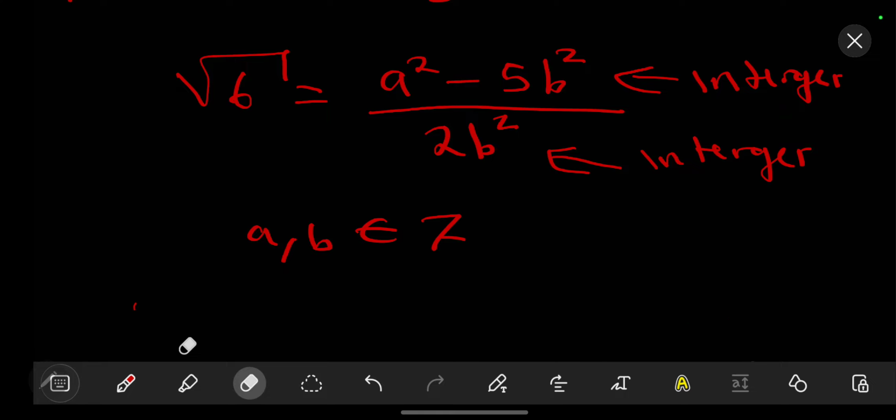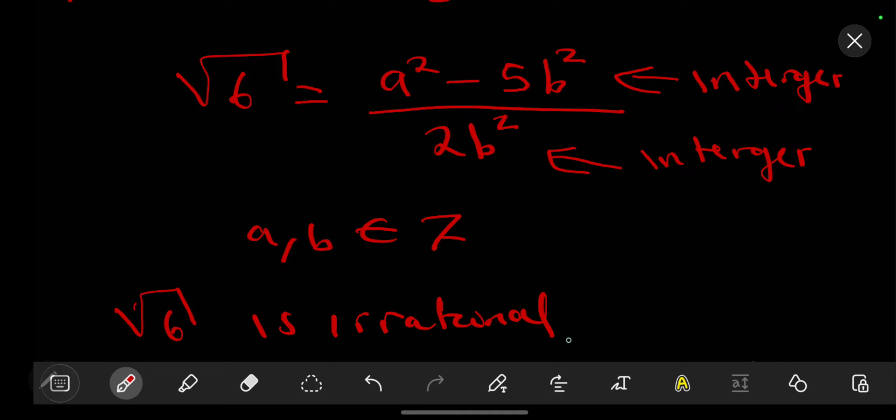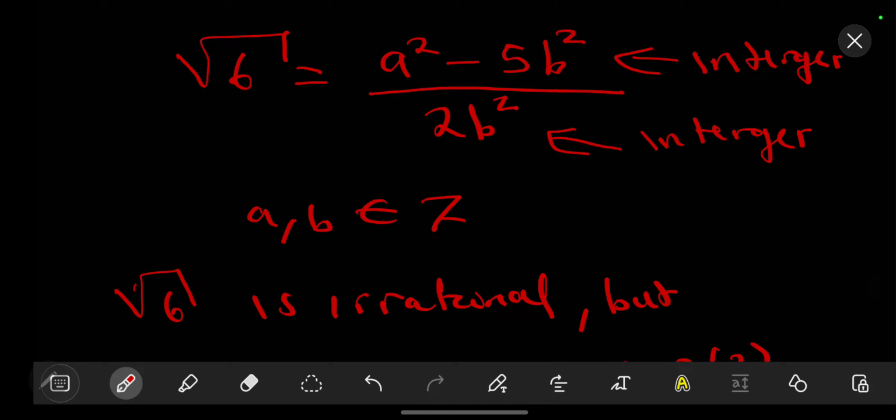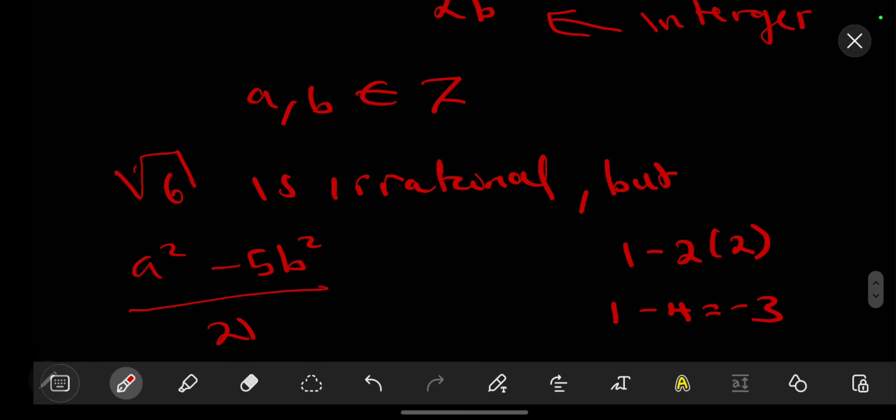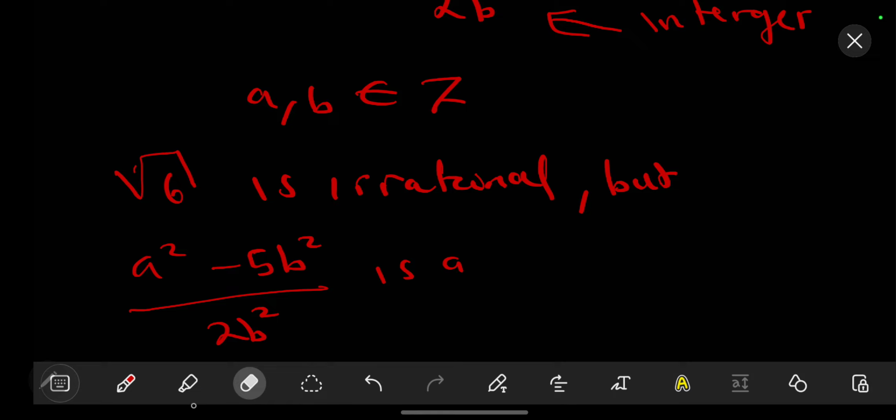Now that's a contradiction, because we have been taught that the square root of 6 is irrational. Now we have integer over integer, so the a squared minus 5b squared over 2b squared is a rational number.